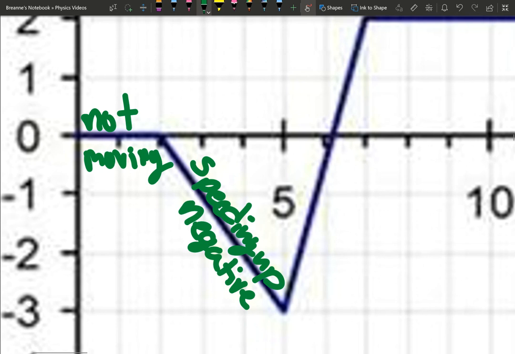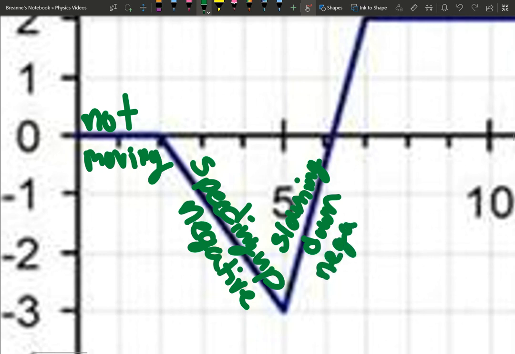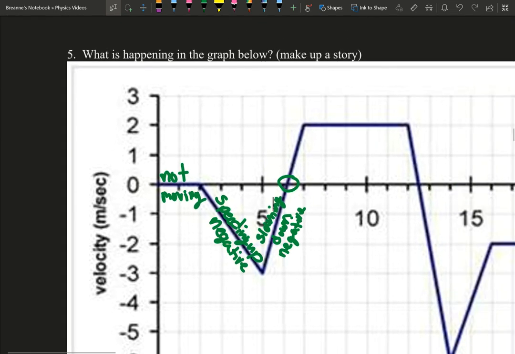So then your numbers are starting to get smaller, but you're still in the negative direction, so you're slowing down in the negative direction. Right here, that little blip right there is where you're turning around.